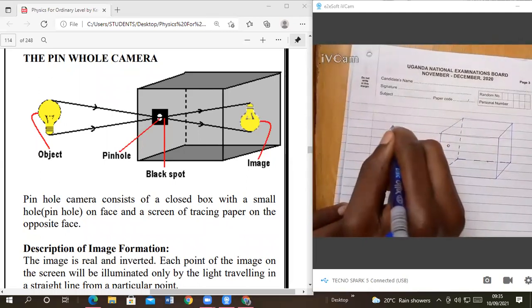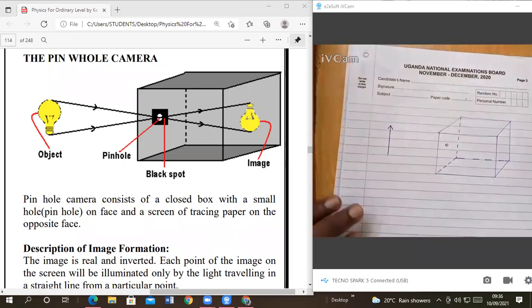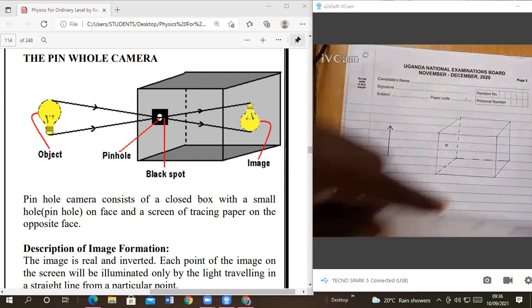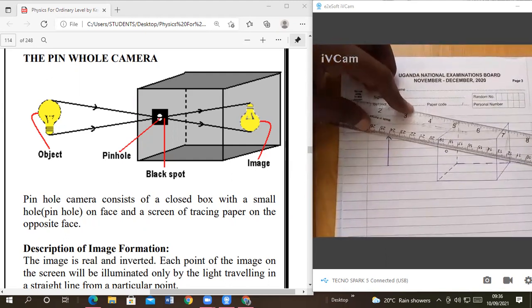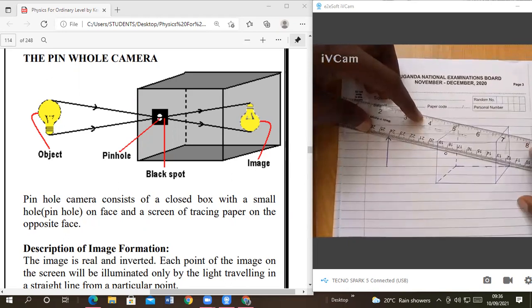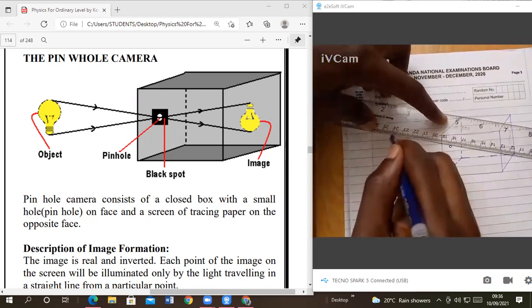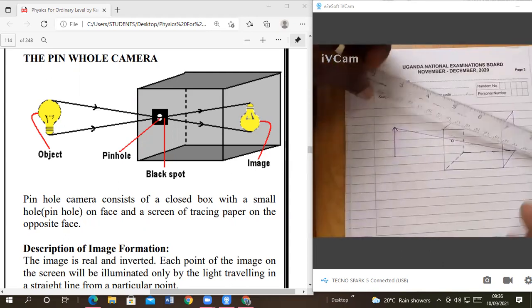So the object is standing upright. So rays from the top of the object will pass through the pinhole like that until they come to the opposite face, which is there.